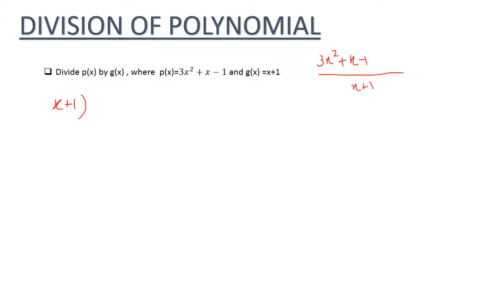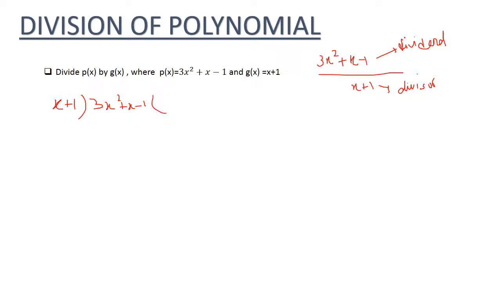This portion is the denominator or divisor, and this is known as the numerator or dividend. x plus 1, 3x square plus x minus 1.